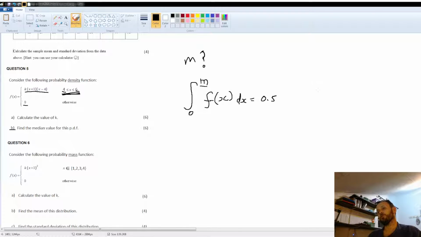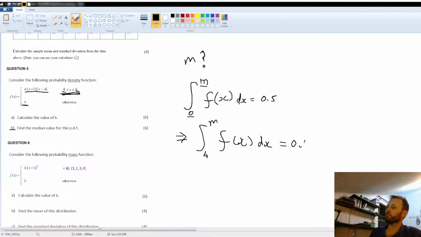Some tips I can give you is, first of all, you're not actually going to start at 0 because the function itself does not start at 0. It starts at 4. So you can immediately change this into the integral from 4 to the median value of f of x dx equals 0.5.